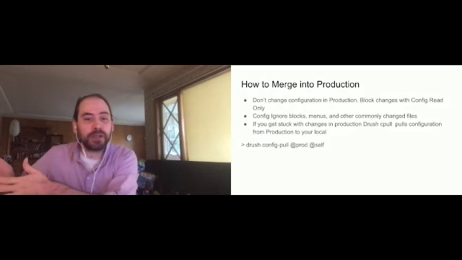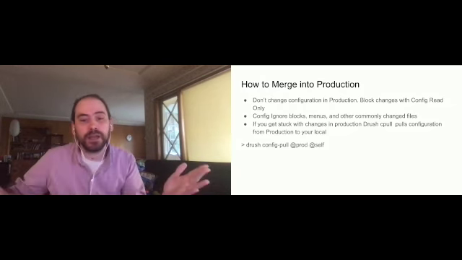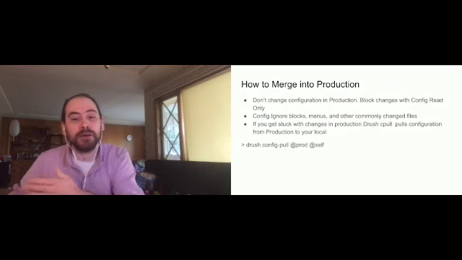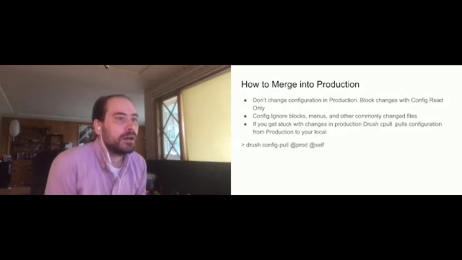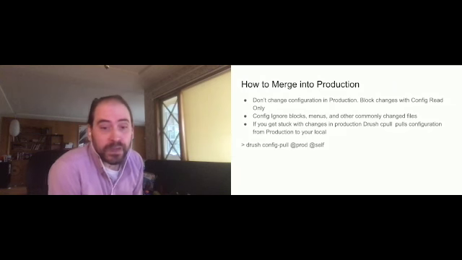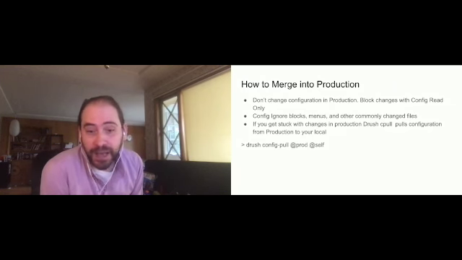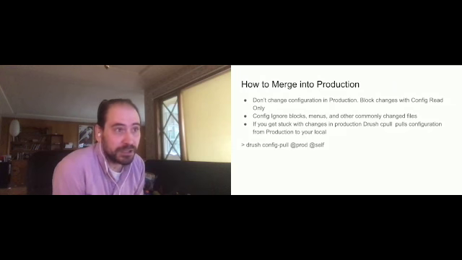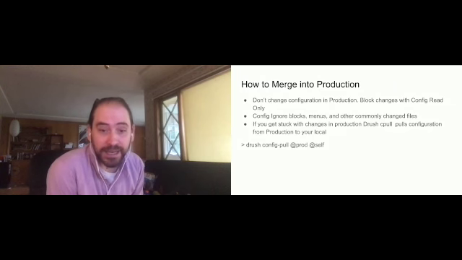So your live site will have pending stuff in it, and you've got to merge your stuff from development up into production. And so I recommend turning config read-only on in production. That way, folks cannot change configuration in production. And if a site editor wants to change configuration, I have them do that on the dev site.